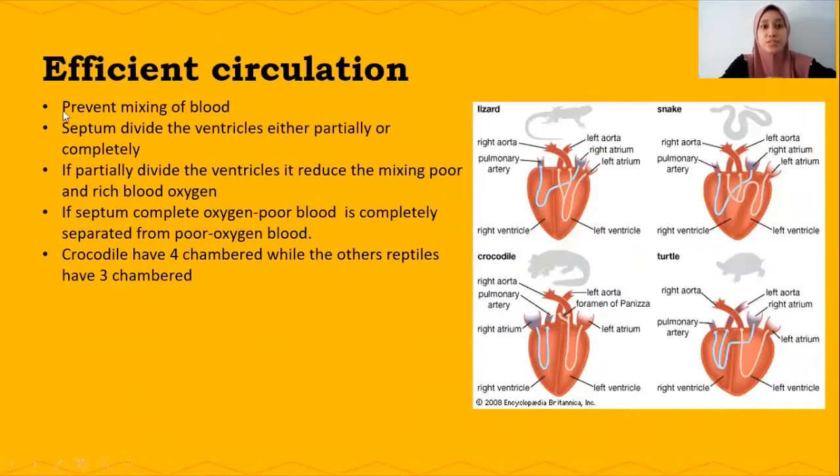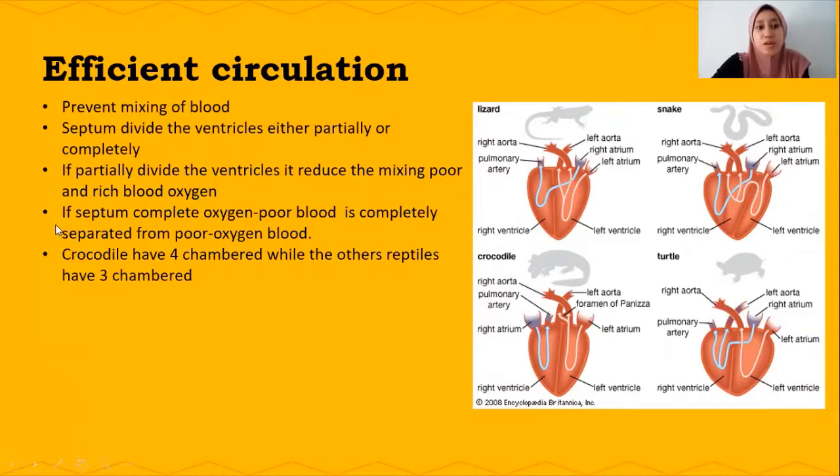Next, efficient circulation. The circulation can prevent reptiles from mixing the blood. The septum divides the ventricle either partially or completely. Like in these figures, lizards, snakes, and turtles have a septum that divides the ventricle partially. We can see the hole here, here, and here. If it partially divides the ventricle, it reduces the mixing of oxygen-poor and oxygen-rich blood.